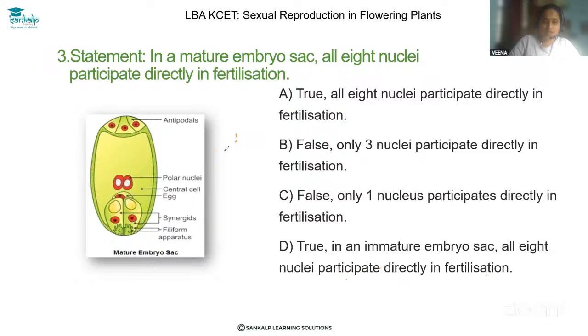If you observe here properly, do all 8 nuclei participate directly in the fertilization? Not true, right?